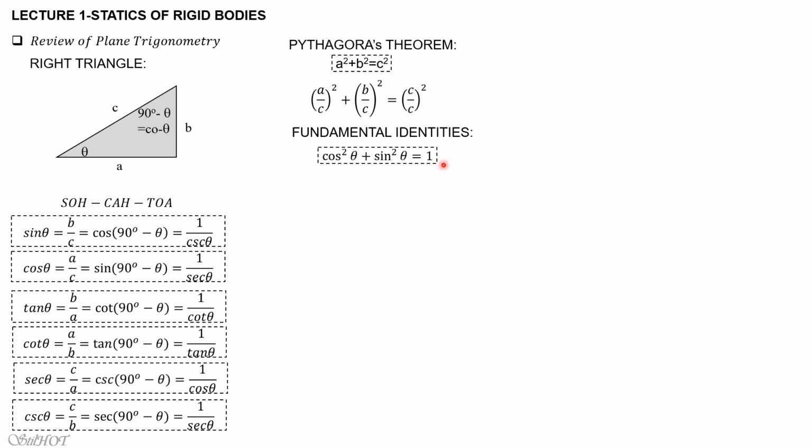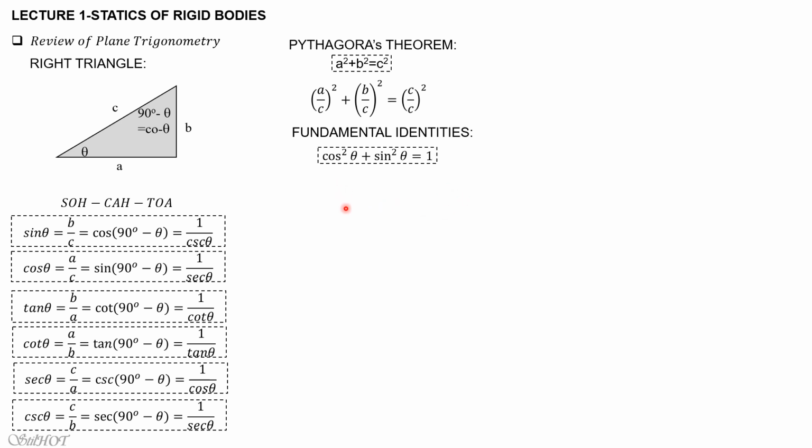If we divide everything by sine squared theta, noting that cosine over sine is cotangent, we have cotangent squared theta plus 1 equals 1 over sine squared, which is cosecant squared theta.